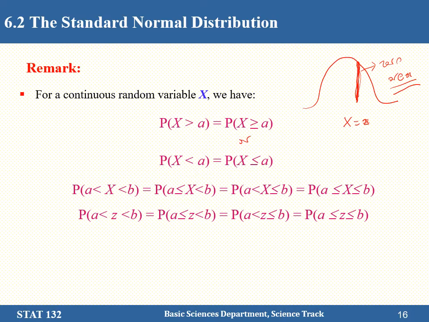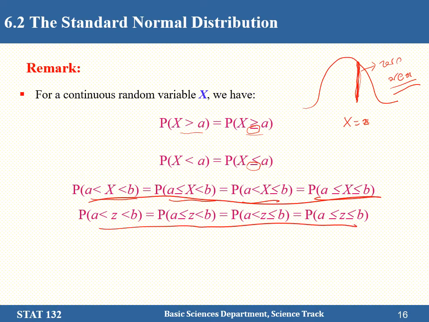So for this reason, if you are dealing with a continuous random variable, having an equality in the inequality or a strict inequality will not change the probability. Having this equal sign or not, nothing changes. You will do the same thing as before. Look here, they're all the same, because an area including a single number doesn't add to the area.